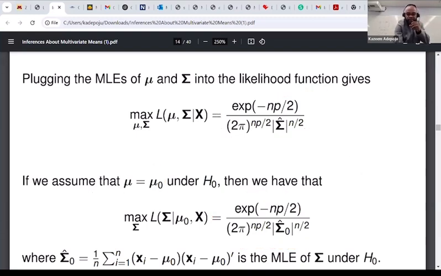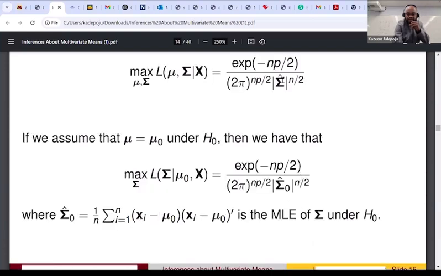Now that I got this, the question is, if I know my N and I know my P, the only thing that I need to figure out is the covariance, which is going to be this. I'm going to use this formula here. I'm using the maximum likelihood formula.